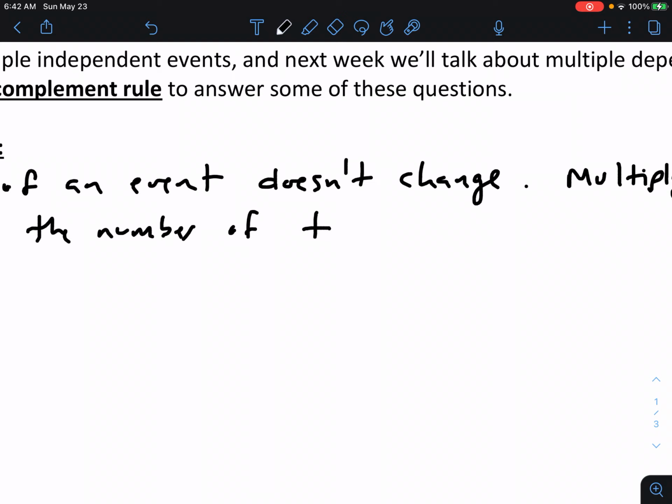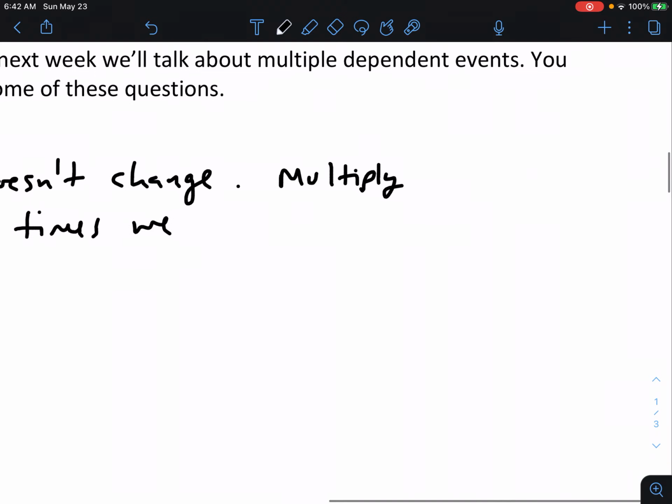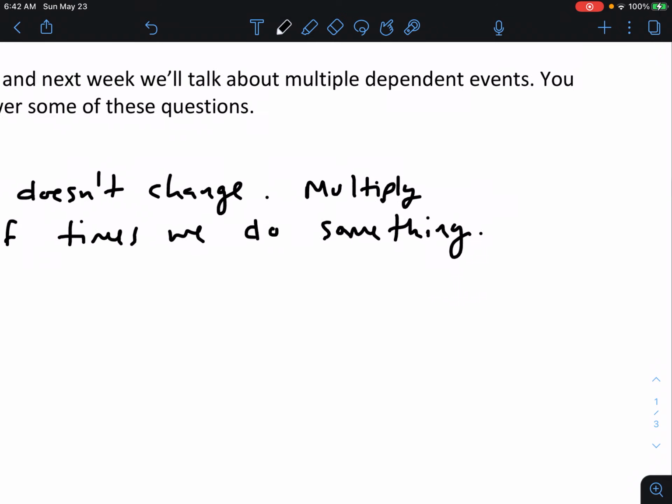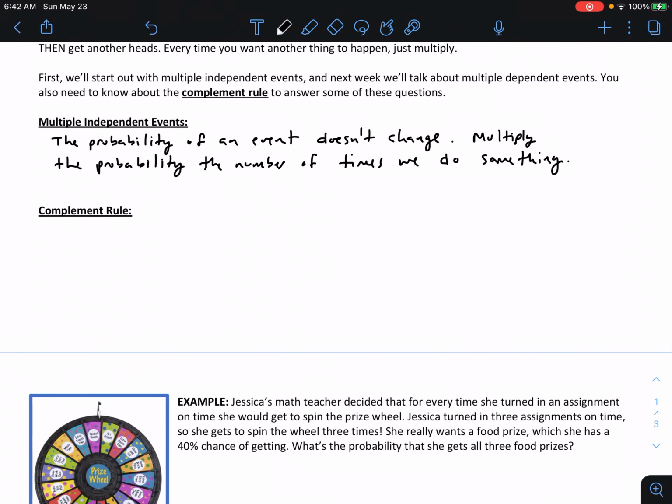Okay, so if we're flipping a coin, it's going to be the number of times we flip the coin. Okay, so there's all kinds of different things that are independent events where the probability doesn't change, and every time we're just going to multiply the probability together the number of times we do something.